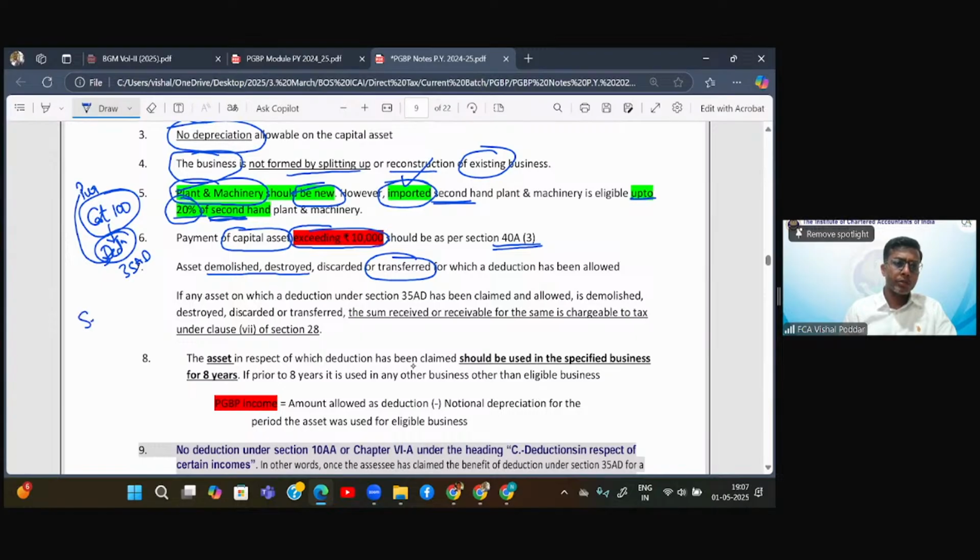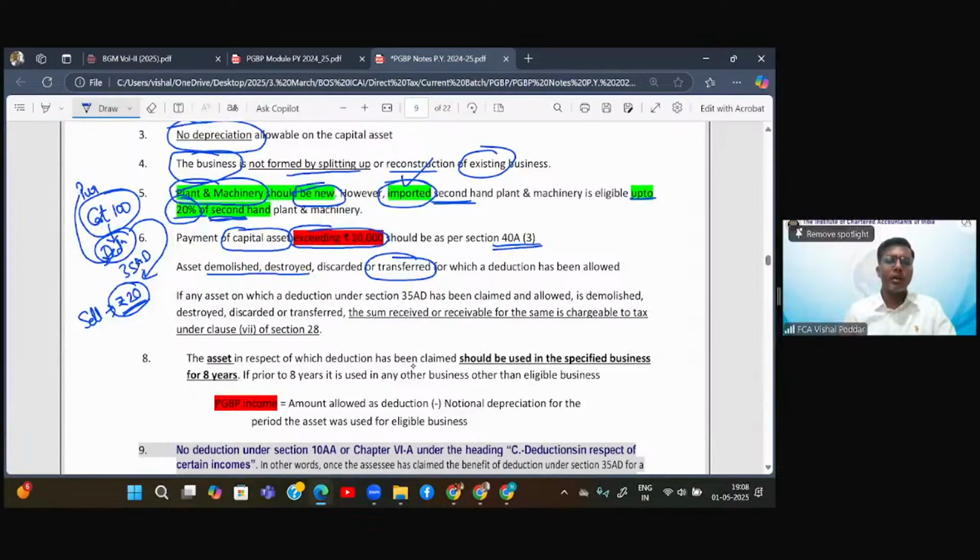Now, when you sell this asset, let us say for rupees 20, please understand what is happening is, again, there is no capital gain or loss. Why? Because it is as good as I'm recovering back this deduction.